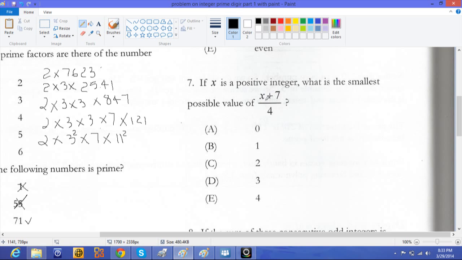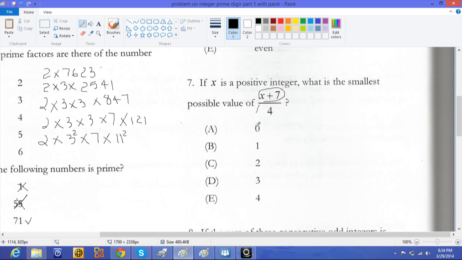The denominator is a constant number that's not going to change. What changes is x plus 7, according to the value of x. So this one is going to be smaller when the numerator is smaller.